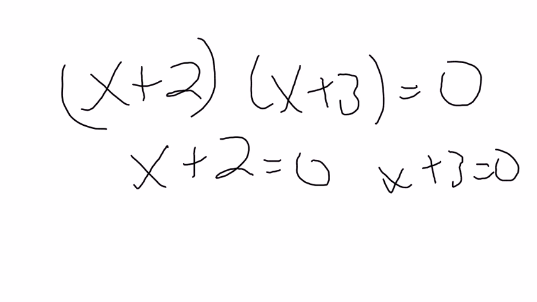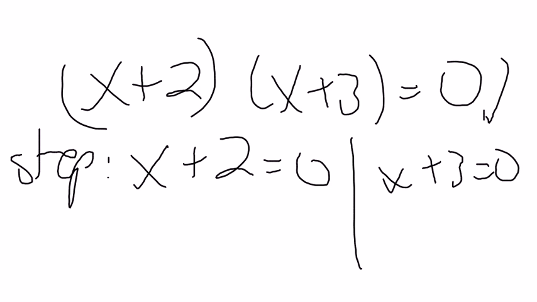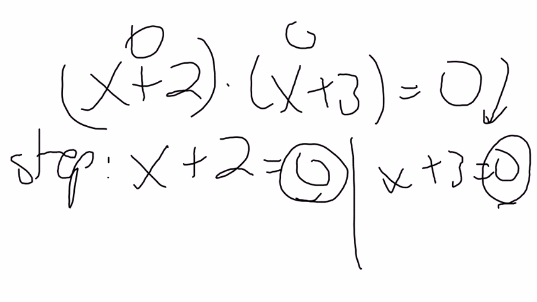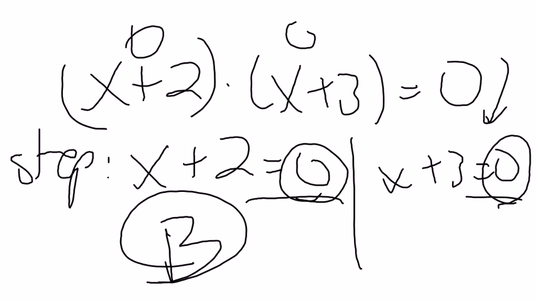Okay, so what was that step? What did he use in that step? How come he went from here to here? Well, these are multiplied. So if any one of these is 0, the whole thing is going to be 0. So he sets them to 0. So he uses the zero property of multiplication, which is B.